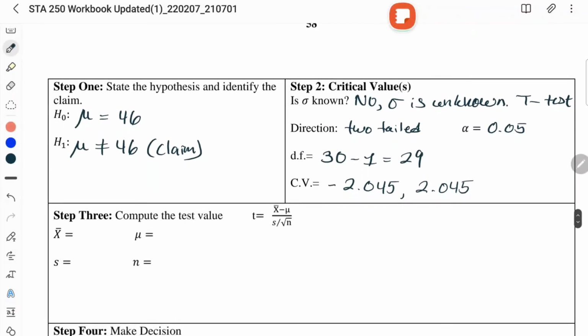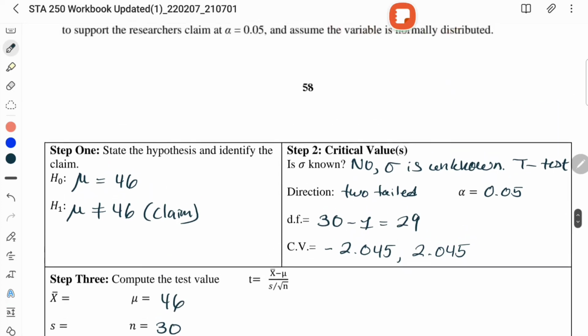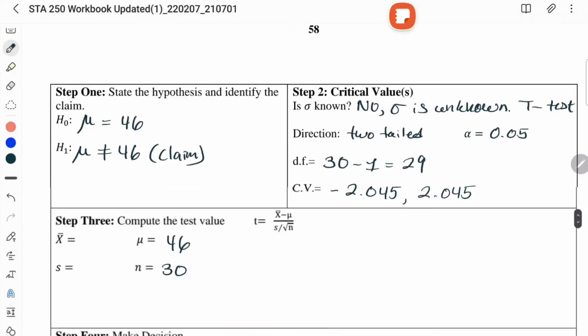Step number 3 is compute our test value. Let's do that. We know we have 30 doctors in total. Mu, which is the parameter, the population mean, that is 46. Once again, that is stated right up there. The sample standard deviation for this question is 7.2.